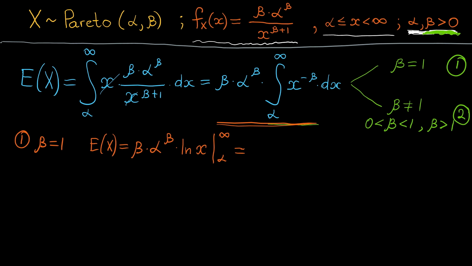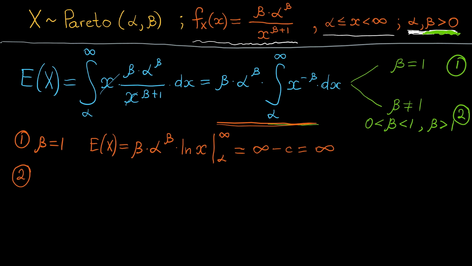And notice that when x goes to infinity, we get infinity, and when x takes on the value alpha, we'll get some constant c, but infinity is so much larger than any constant, so we'll end up here with infinity. Okay, so when beta equals 1, the expected value does not exist. That's very interesting, but it gets more interesting.